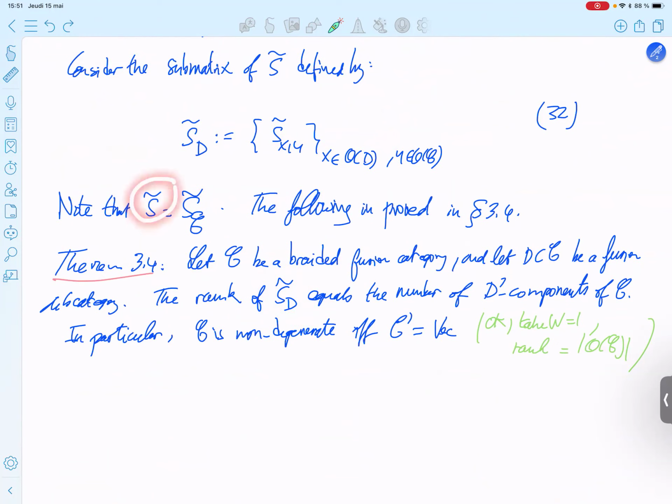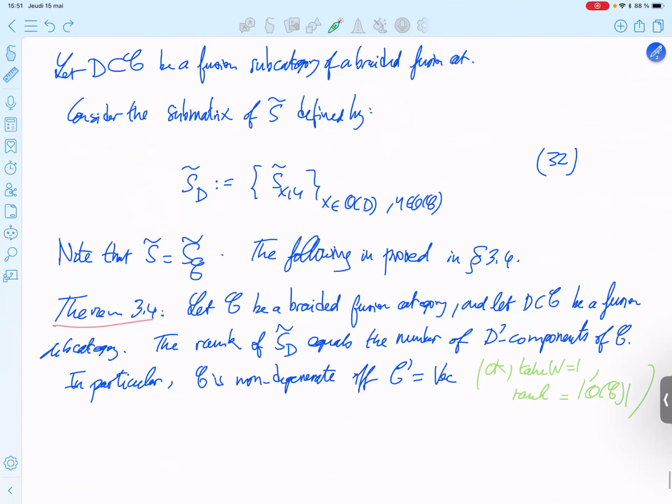So this should be invertible by definition. If the rank is exactly the size of the matrix, then it means it is invertible. So if you have that, this implies that. And conversely, if this is non-degenerate, the rank is total.